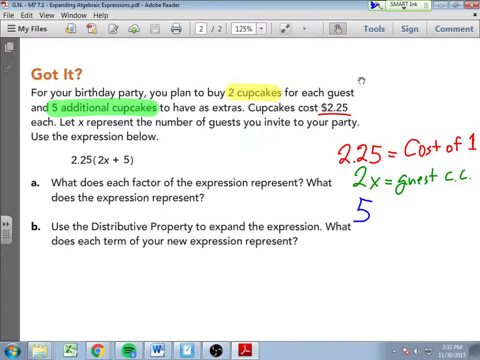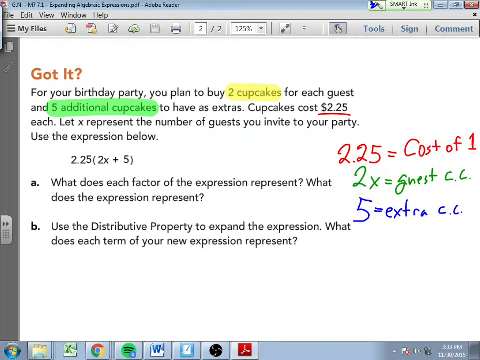Is 5 additional cupcakes. Yeah, my extra cupcakes. Adam? My contingency cupcakes, you know, in case something goes wrong. Contingency is a plan that you make for the what if. So if you're planning a birthday party outside, you might have a contingency plan for rain.